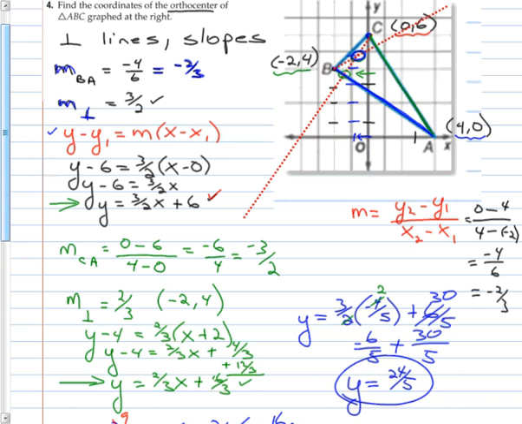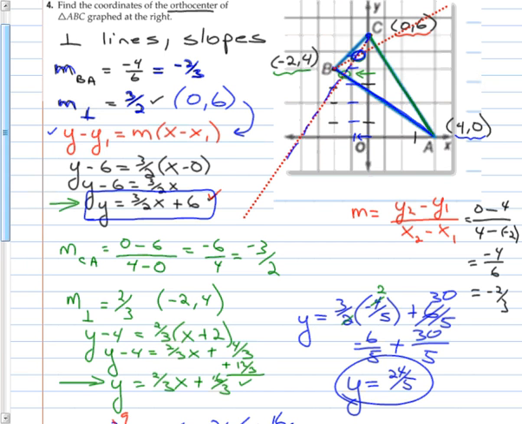The perpendicular altitude then has a positive 3/2 slope. Once I know the slope of this altitude, I use the point vertex that I'm coming from, point C, 0, 6. I use the 3/2 and the point 0, 6, and I put it into the point slope form. And that gave us our first equation of an altitude.